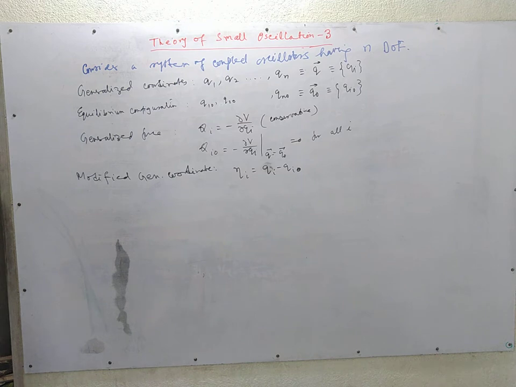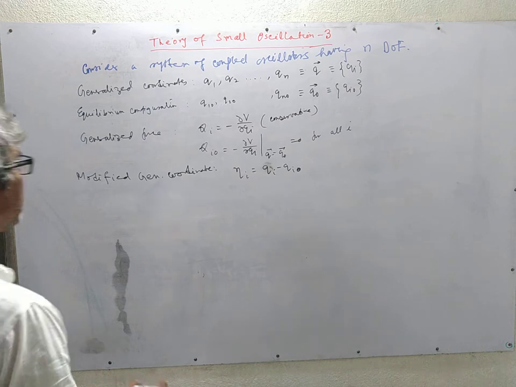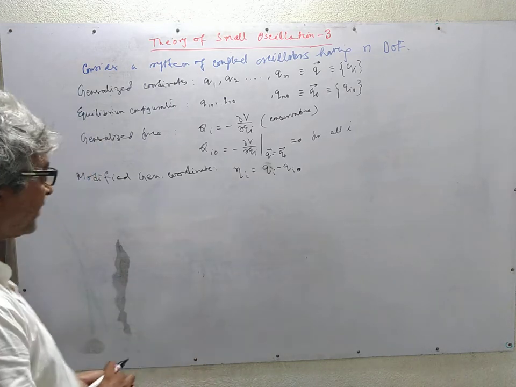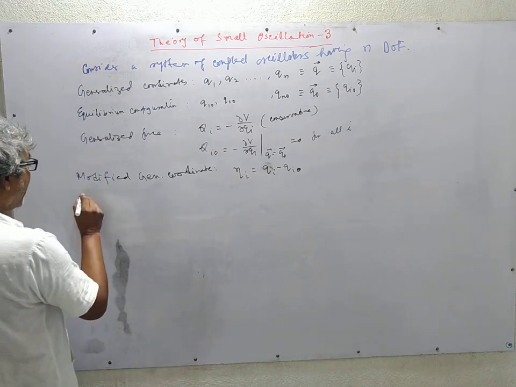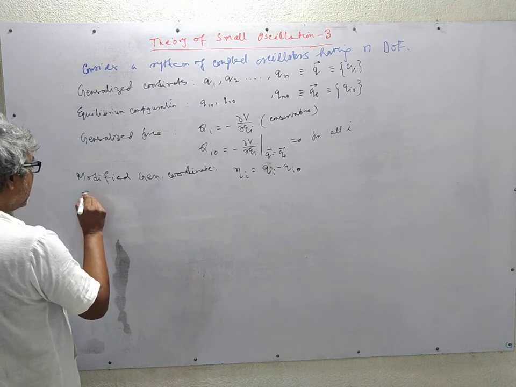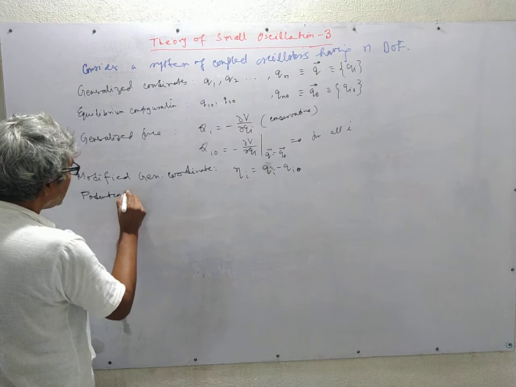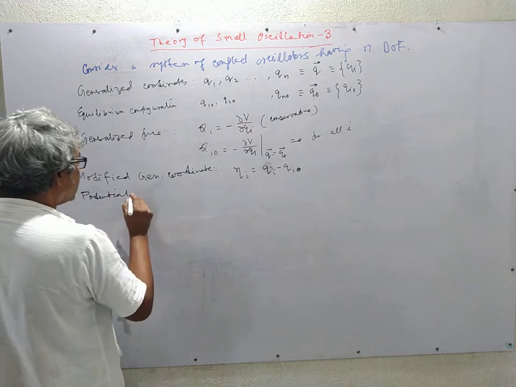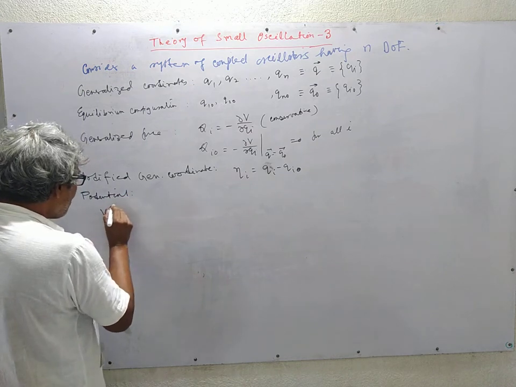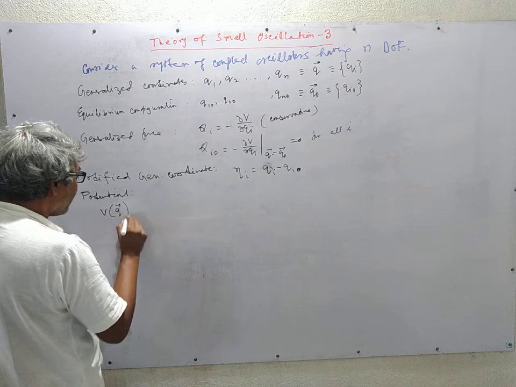So our first aim is to expand the potential function. We have V as a function of q.